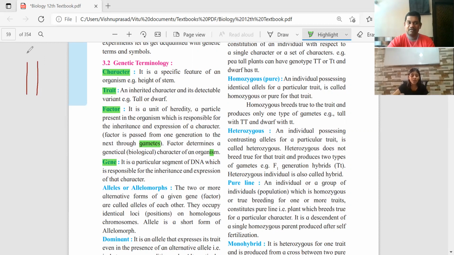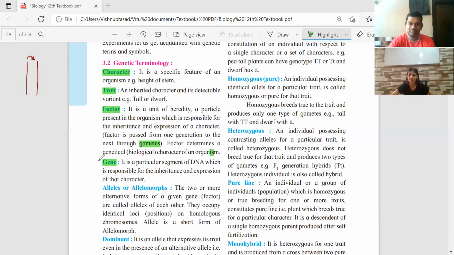Sometimes there can be two or more than two genes coding for the same character, but which trait is to be inherited is decided by their interaction. Interaction between both the genes or more than two genes, whatever is there, and based on that, one of the traits of the character will be determined.